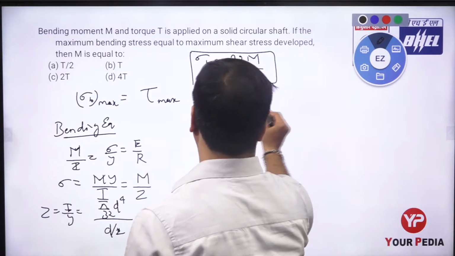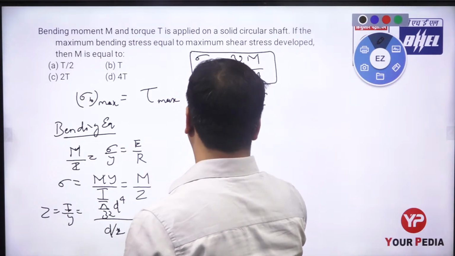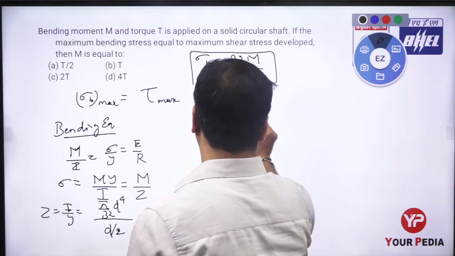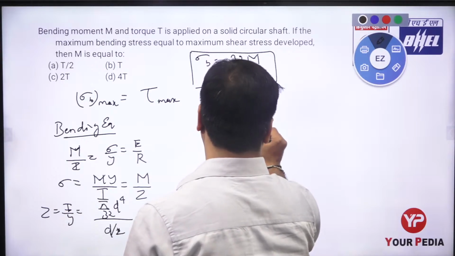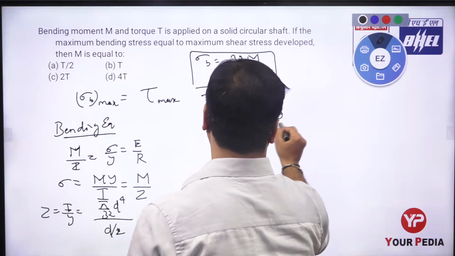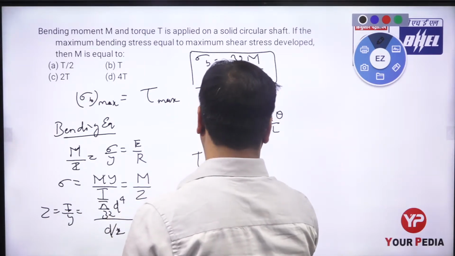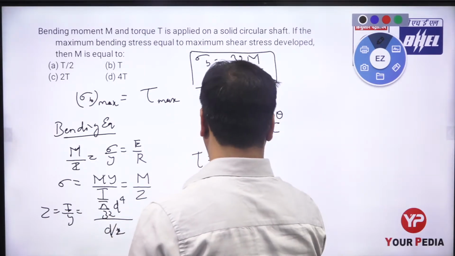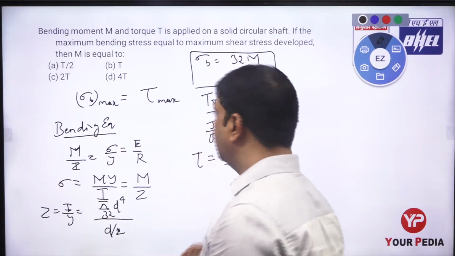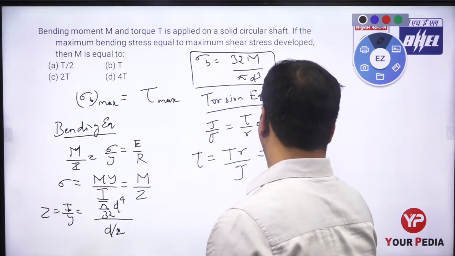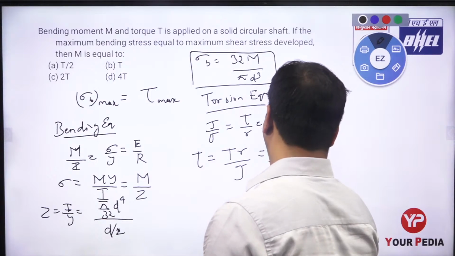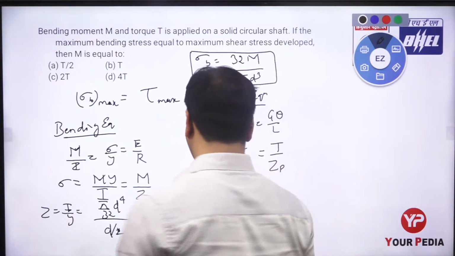Torsion equation is T by J equals tau by R equals G theta by L. So tau equals T into R by J. J is the polar moment of inertia. So we can also write T by Zp, polar section modulus.